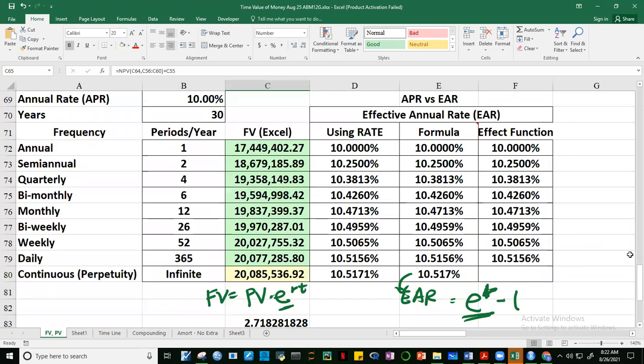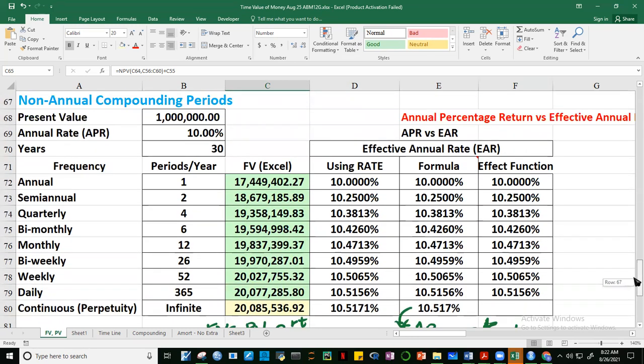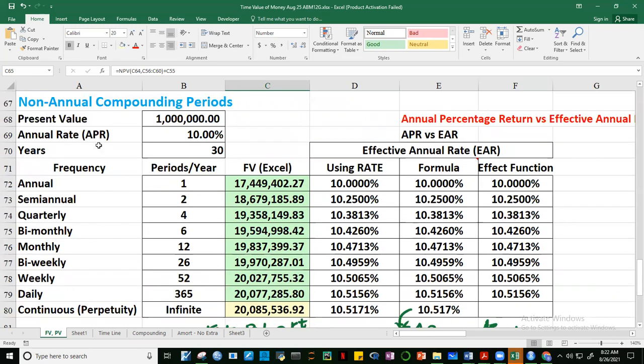Okay, so dito guys, in the topic that we just discussed, we learned how to compute for the effective annual rate. Sabi natin, si effective annual rate, ito yung rate of return kung ang compounding natin more than one per year. Kasi ang effective annual return natin will be higher than your annual percentage return if the compounding is more than once per year.